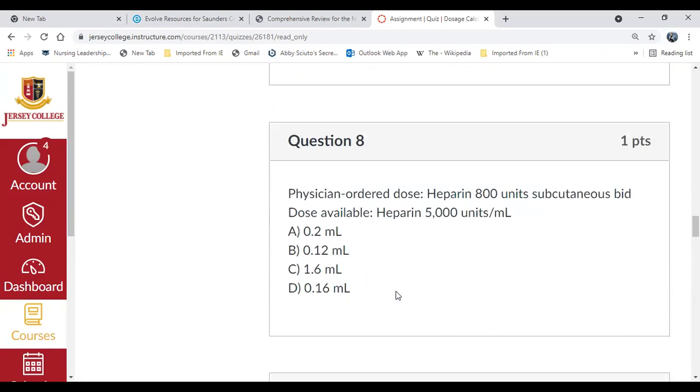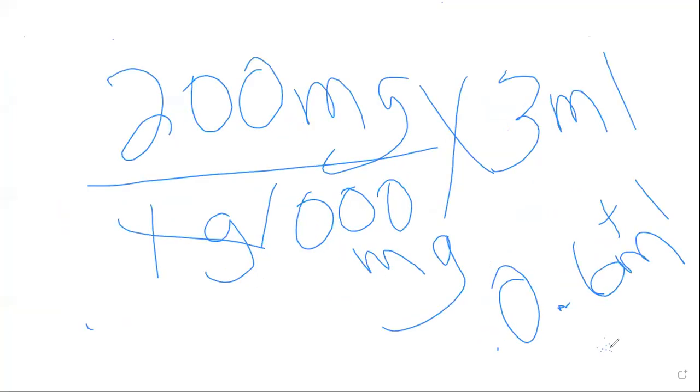Okay, here we have heparin. We have 800 units ordered, and on hand, we have 5,000 units per mL. You're just going to take your doctor's order, which goes on top. I always remember that the doctor makes the most money, so put the doctor on top.